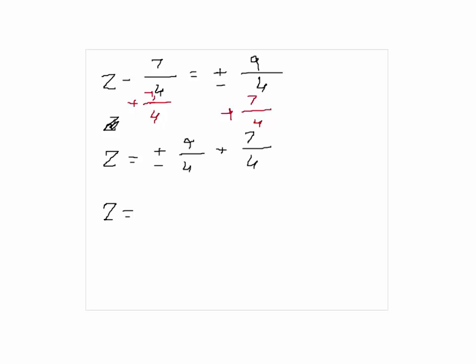First, I'm adding positive 9 over 4 with 7 over 4. So z will be 16 over 4, and the result is 4. For the next solution, I'm going to add negative 9 over 4 with positive 7 over 4. So the result is negative 2 over 4, and if I simplify it, it will be negative 1 over 2.